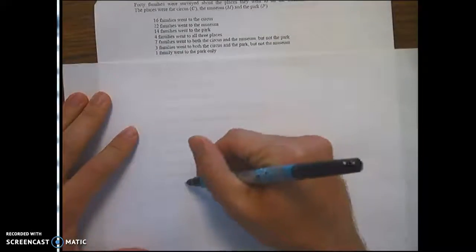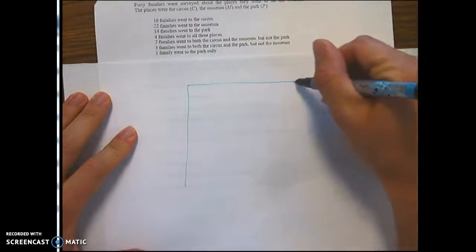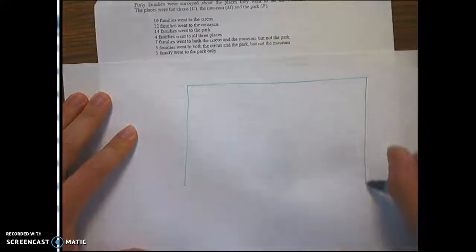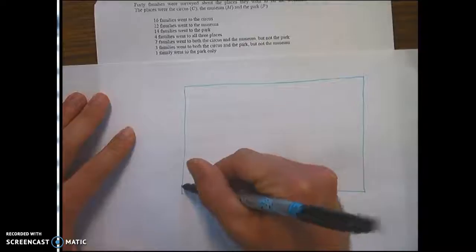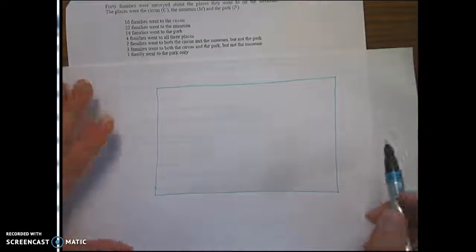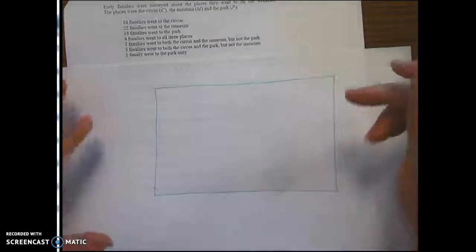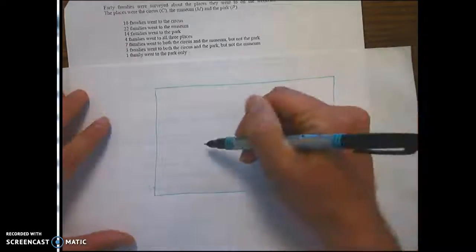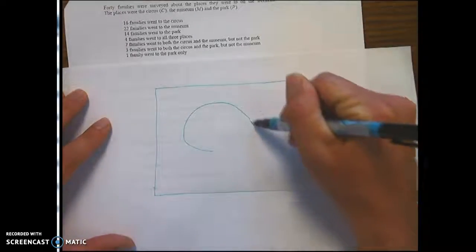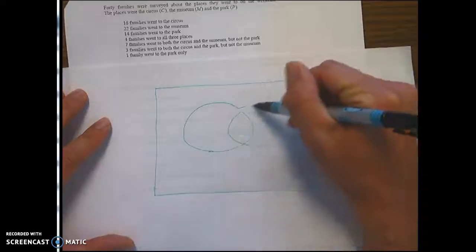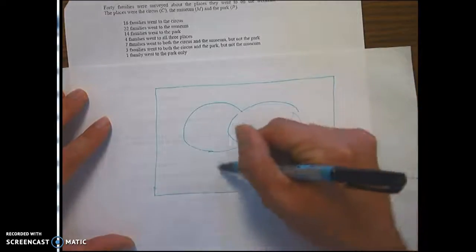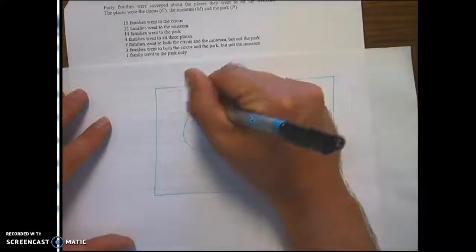You should always start with the universe. It's usually just a big old rectangle. And inside that universe, since we've got the circus, museum, and park, we should have 3 circles. One for the circus, one for the museum, one for the park.